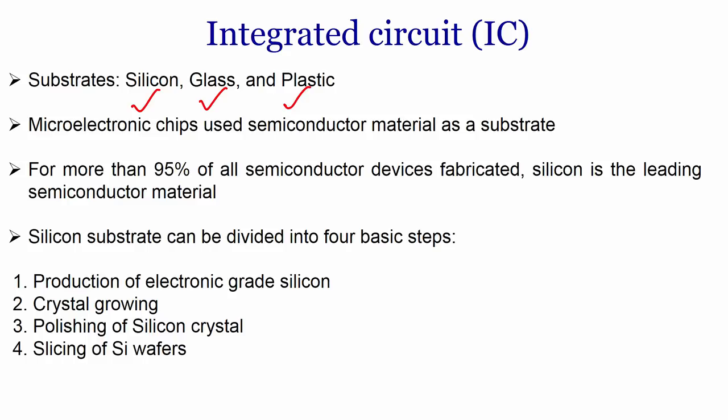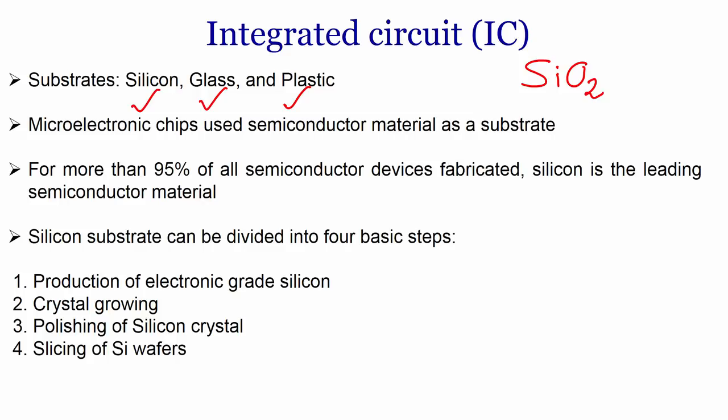When I say glass, glass is silicon dioxide, SiO2. So, do not get confused if I ask whether you can use a substrate which is silicon dioxide. Yes, because it is a glass.